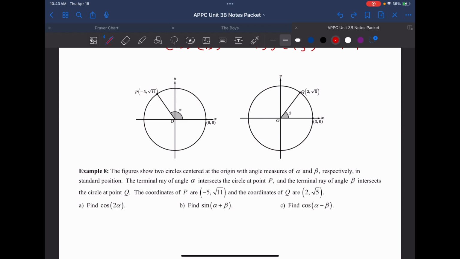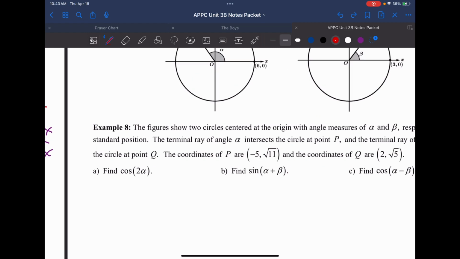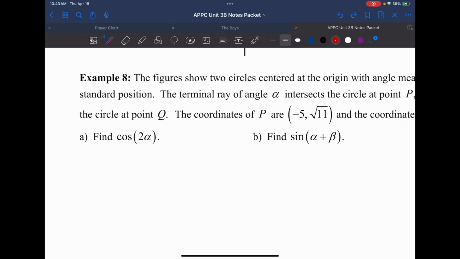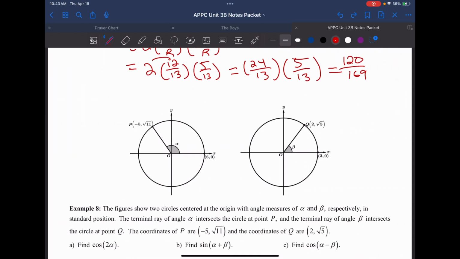So if we go in here, we can rewrite cosine. It wants us to find cosine of 2 alpha. So when you're given these, what I would start with is to go ahead and write what sine of alpha and beta are. So sine of alpha is y over r, r is 6, so square root of 11 over 6.